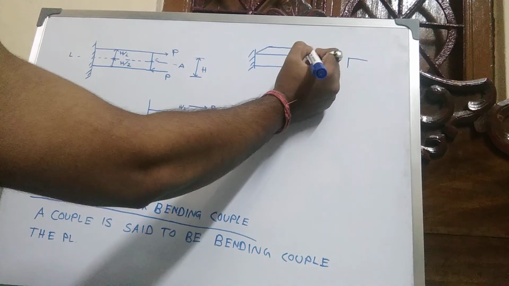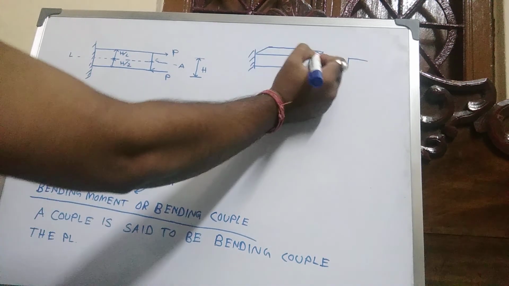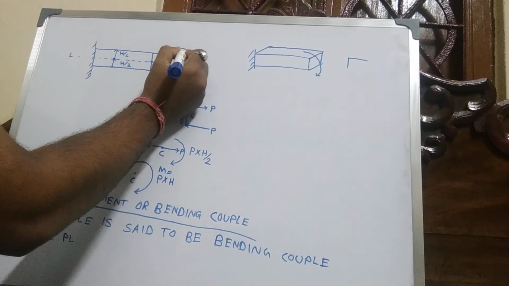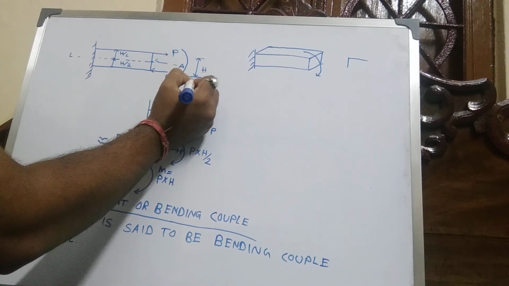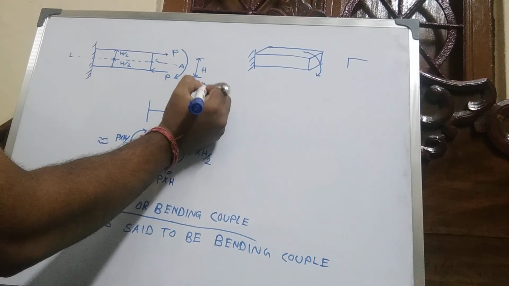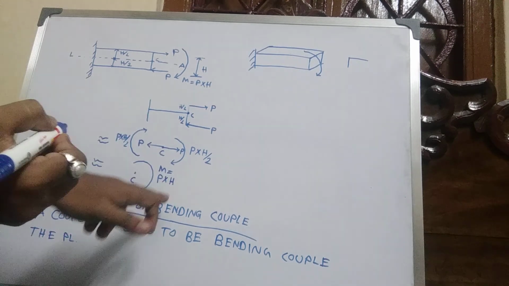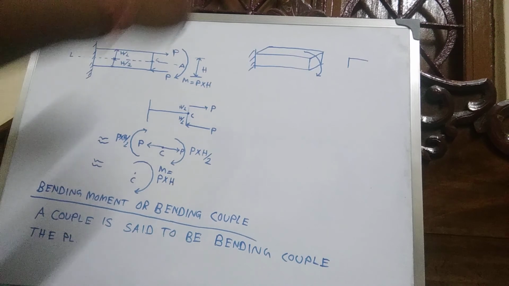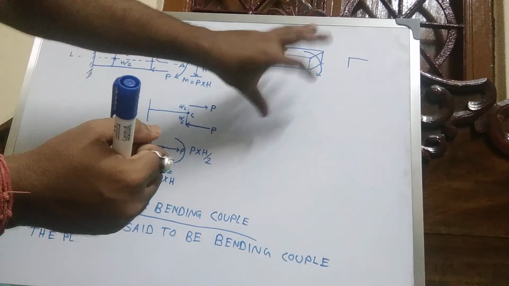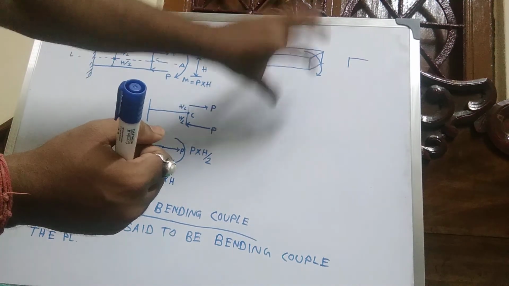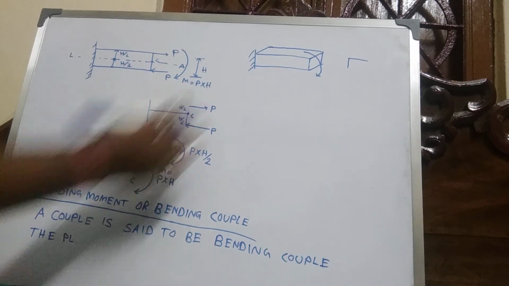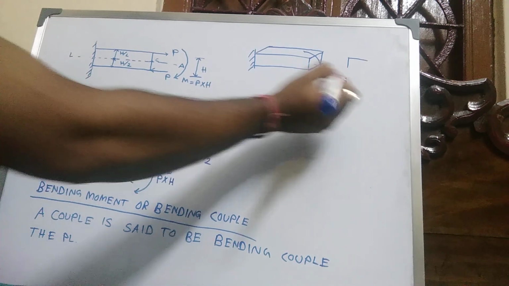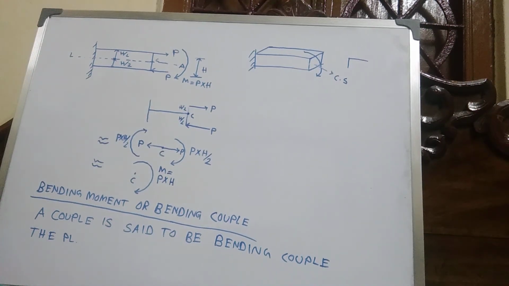The moment M equals P into H is generated about point C, and this beam bends. This is the cross-sectional area.